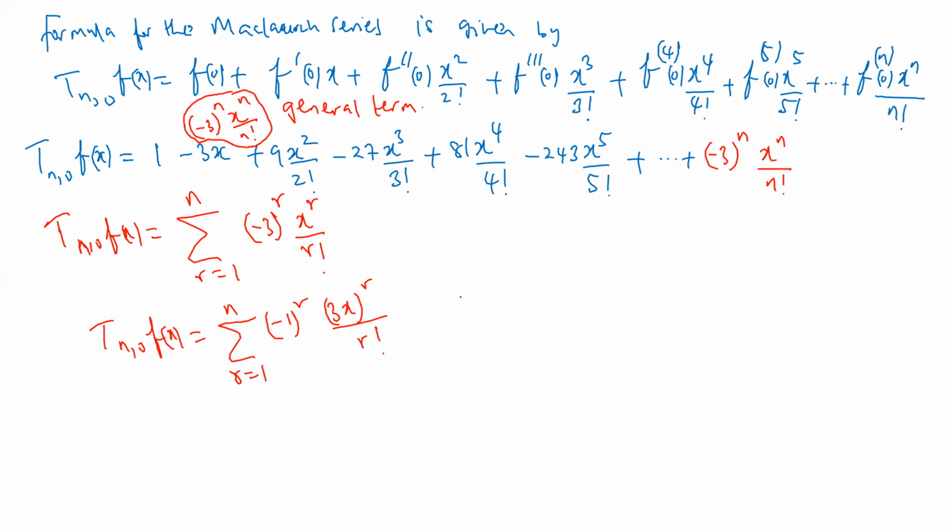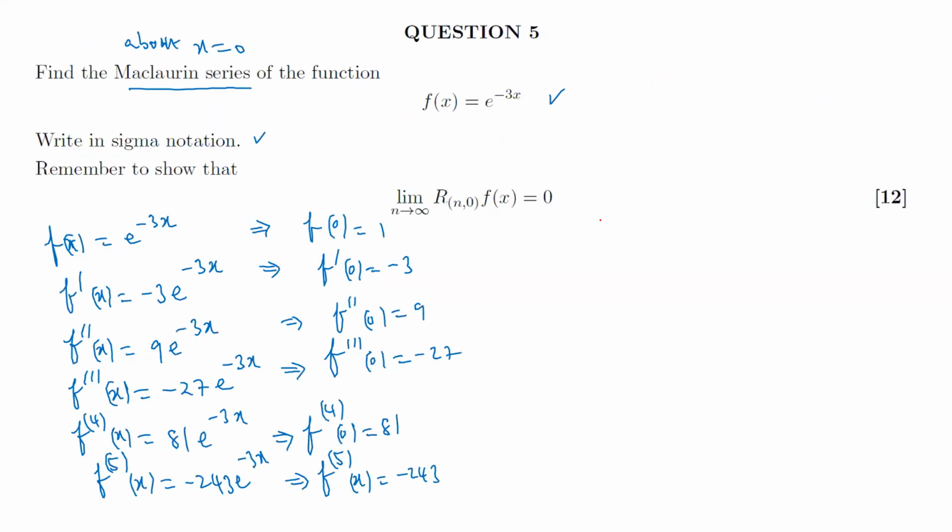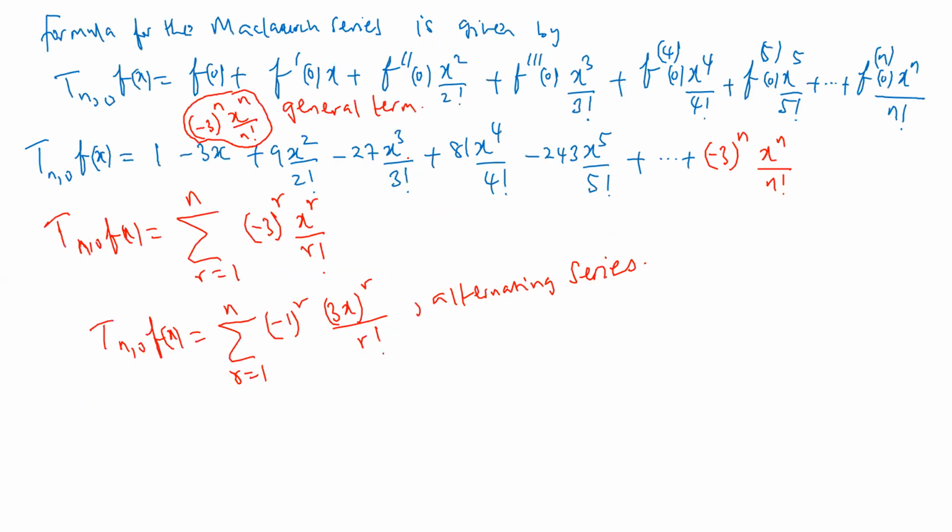So this one is an alternating series. For all x such that this is the case, we have that. We just have to show now that this remainder term is equal to 0.